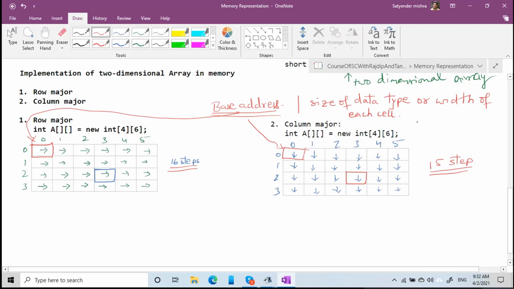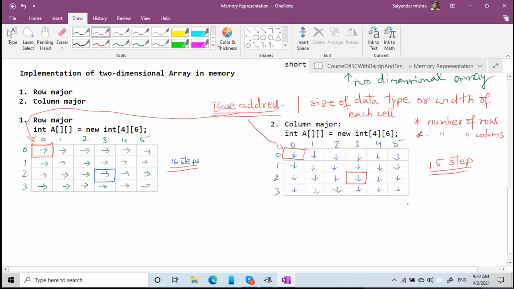As we are studying Java, we have to know the number of rows and number of columns. And we have to know the lower bound and the upper bound of the columns.